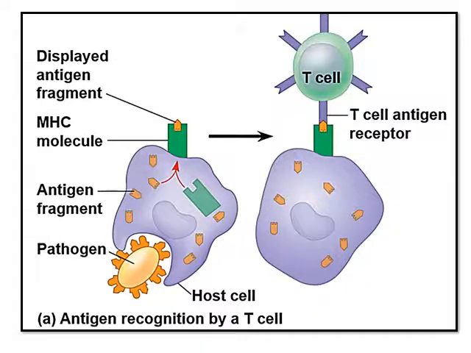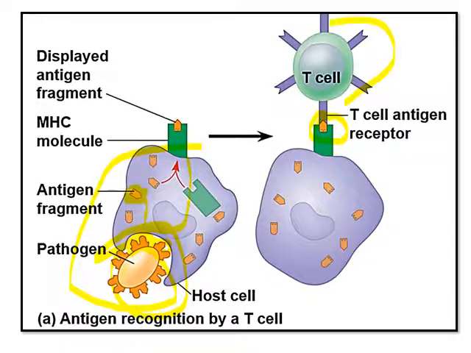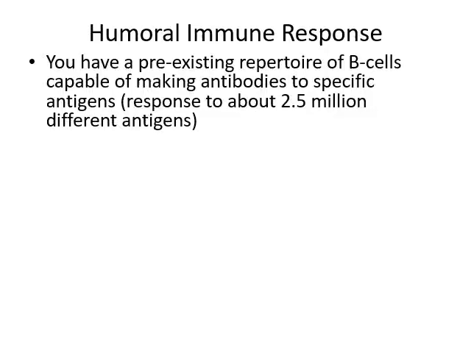Here we have a phagocyte eating a bacteria, taking it apart, and these foreign antigens get taken into the phagocyte, and then it puts them onto its own surface and presents them to a T helper cell. The T helper cell then goes and finds a B cell that can make antibodies that can stick to that particular foreign antigen.